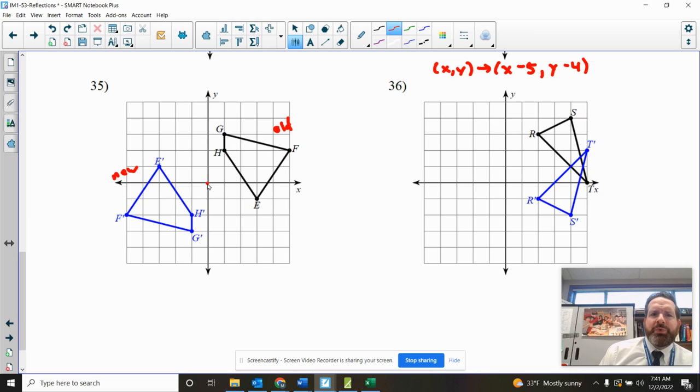Now, if you're really not sure, what I encourage you to do is what I'm going to do. Just draw in a couple of these circular arcs. So from E to E prime. Okay, so that's half a circle. I should be able to do that with any other point and get a similar half circle going on. So from F to F prime. Now it's bigger because point F is farther away. But yeah, that's still half a circle.